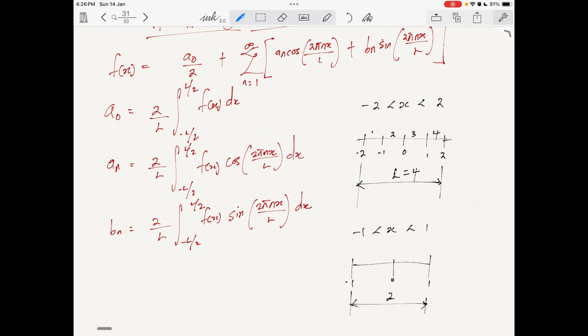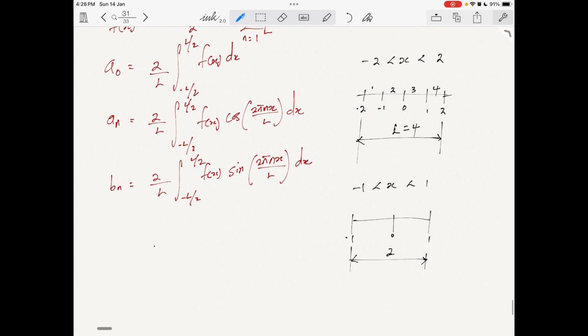Or simply say that if we have a less than x less than b, then our L is equal to b minus a. So L equals 2 minus minus 2, which is 4. And L equals 1 minus minus 1, which is 2.